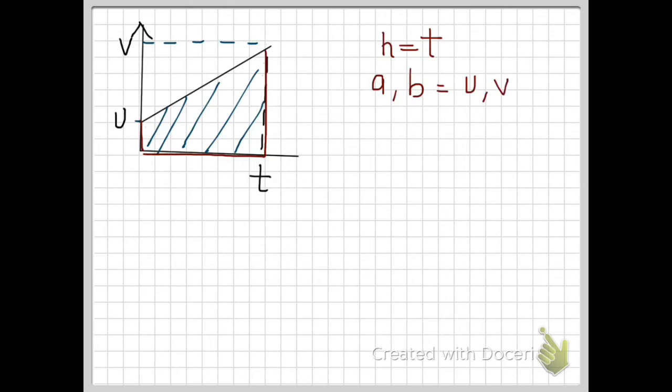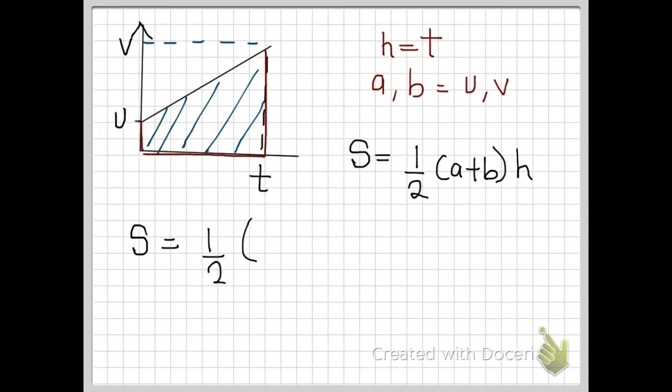So the area of a parallelogram, which is s, the area under the shape, is half a plus b multiplied by h. So s would be half u plus v times t.